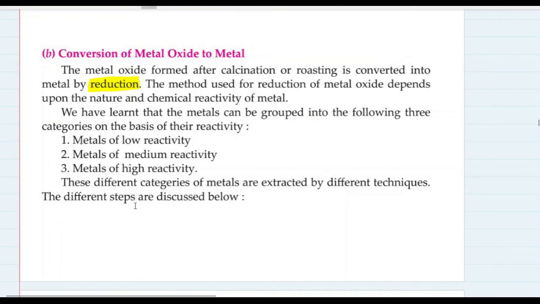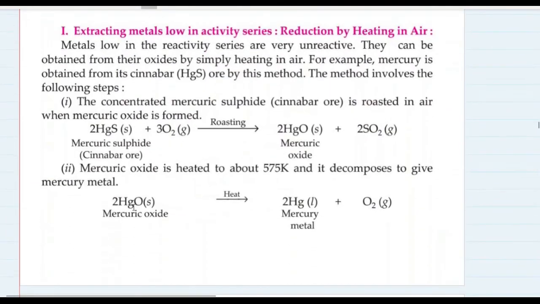So metals are grouped into three categories: low reactivity, medium reactivity, high reactivity. So what are the steps of reduction? Low reactivity, like mercuric sulfide or mercuric oxide. Mercuric sulfide, when it is roasted, gets converted into mercuric oxide, and sulfur dioxide is evolved.